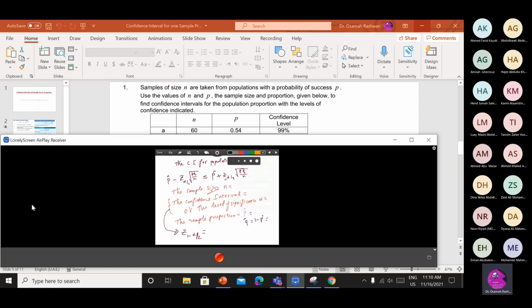The sample size is 60, right? The confidence level is given as 99%. So alpha will equal what, guys?